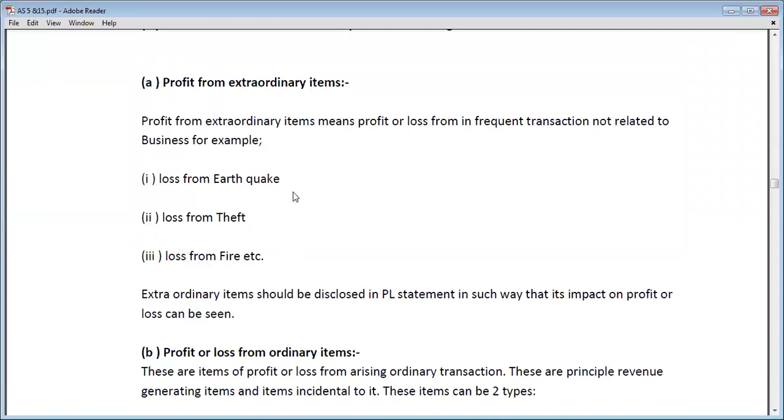Okay, so you should mention these expenses or these losses separately.